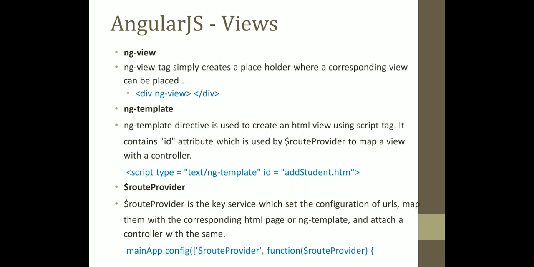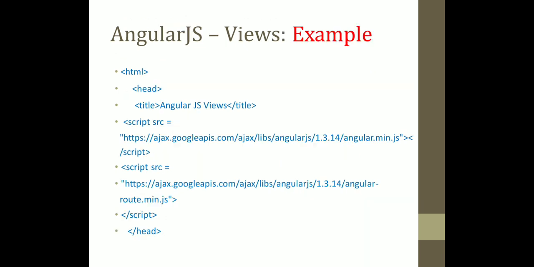Here you will firstly create that variable main app. Okay, we will name that ng-app. If that is the main app, then you will use it as mainApp.config. This config you have to compulsorily use because it is based on configuration. And we have used the parameter $routeProvider, and it is having the function $routeProvider. Okay, so we'll see these things with one example.